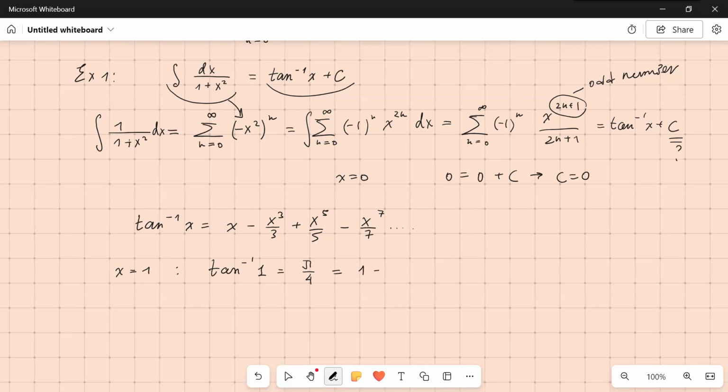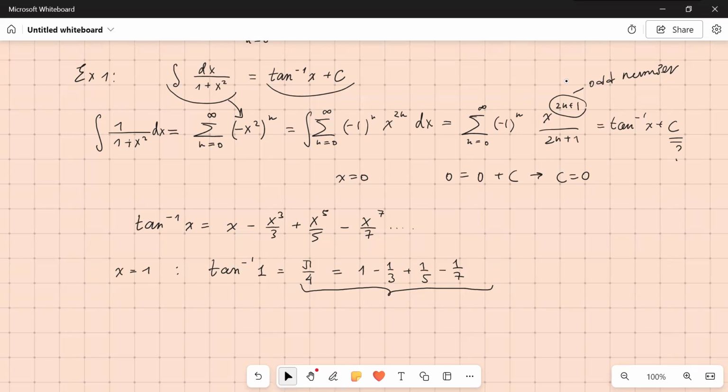Here we are going to have a sum 1 minus 1 over 3 plus 1 over 5 minus 1 over 7. And guys, what we have? It's a representation of number pi. Remember, usually we use representations of number pi from geometry. This was one of the first representations of number pi coming from calculus, connecting geometry and calculus. You see, this representation of number pi is not a super good one because it takes a long time to add up all these terms to get some kind of decent accuracy for number pi.